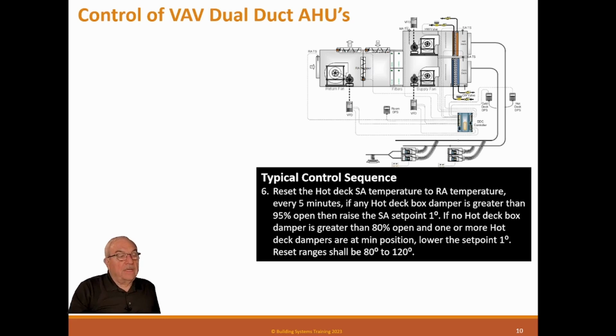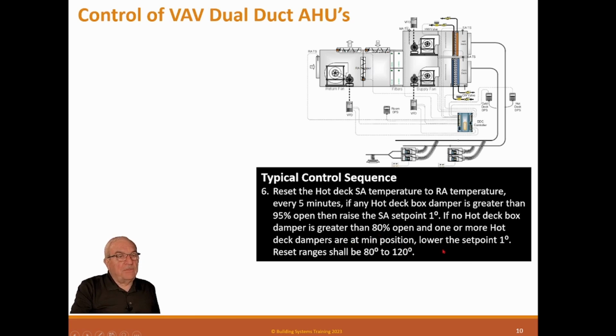Now on these reset ranges, like I said, this is really simplified. When you get into the more complicated one, you don't have to use 1 degree or 2 degree. You can say in here, if we have 5 dampers at 95%, raise or lower the temperature 2 or 3 degrees, and then you can come down at different speeds.